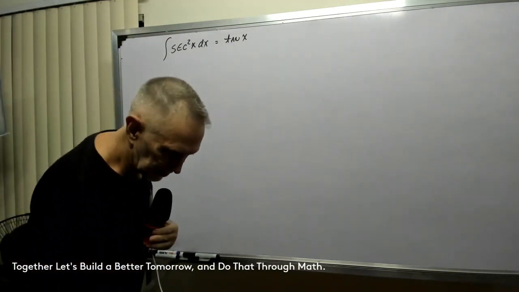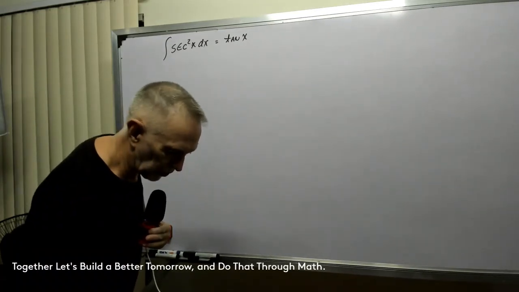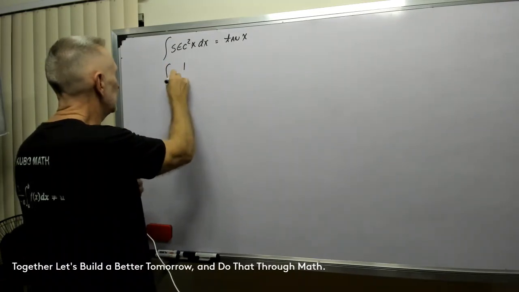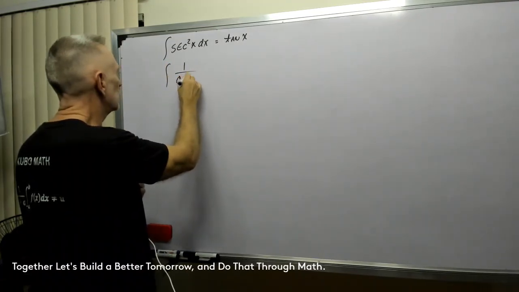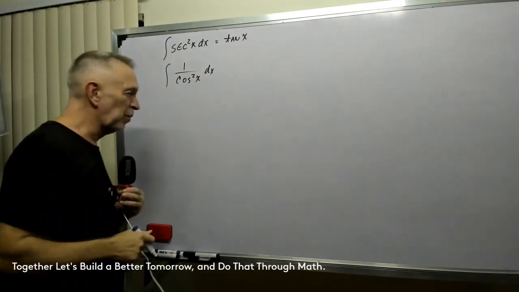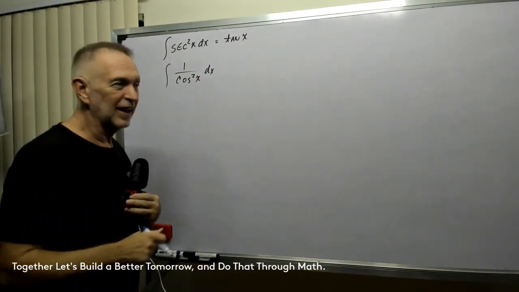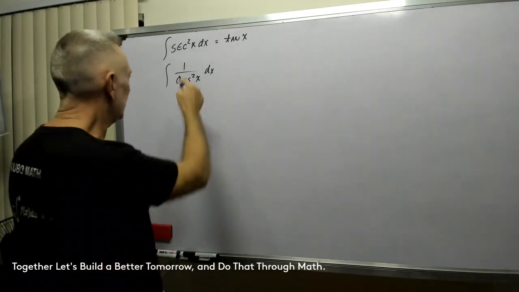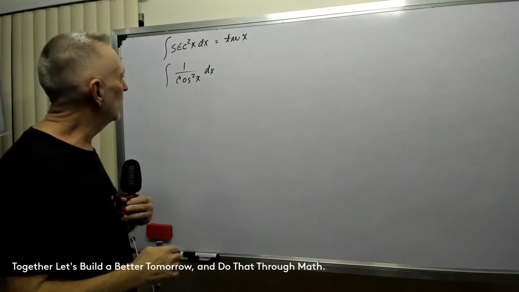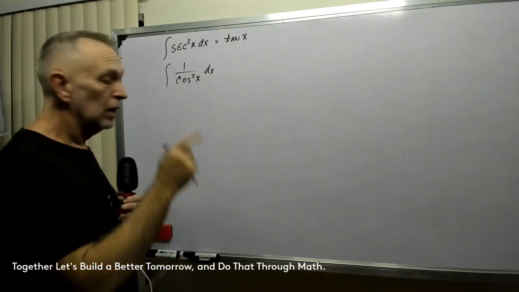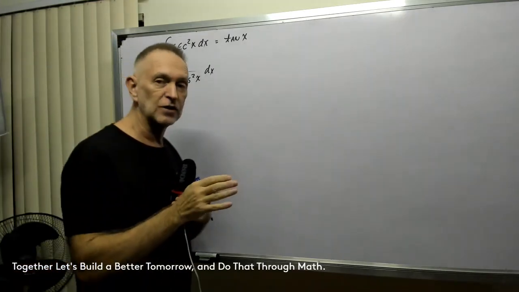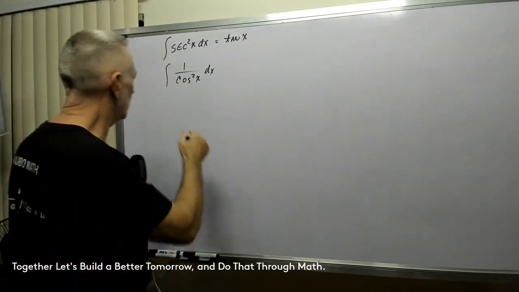Okay, so let's get rid of the secant and put this as 1 over cosine squared x dx. Now, at this point I'm looking at it and I really need a sine x in here. And so I thought, well, from a trig identity perspective, 1 is sine squared x plus cosine squared x.